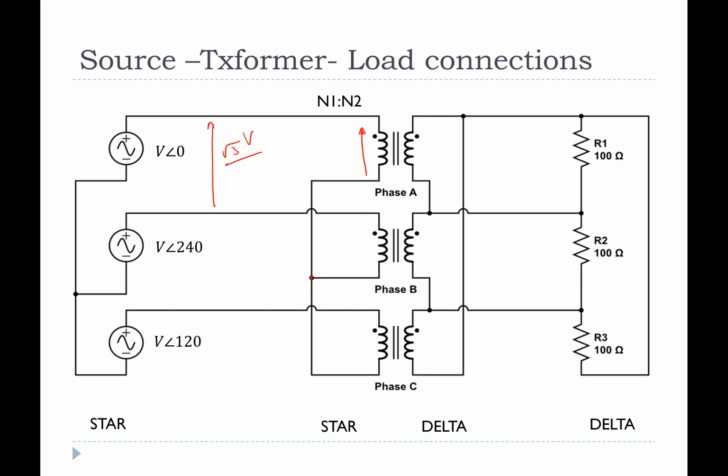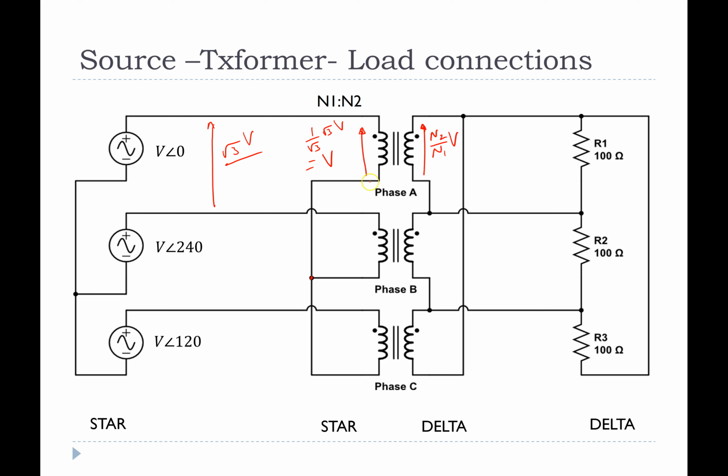So this would be 1 on √3 multiplied by the line to line voltage, which is √3V, which is equal to simply V volts. I come to the secondary of the transformer, and across the secondary of the transformer I get N2 on N1 V. And this is connected in delta.